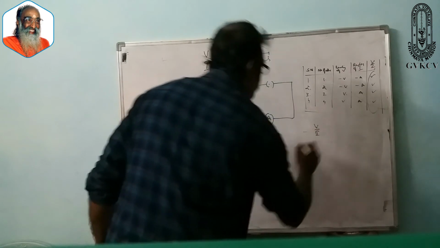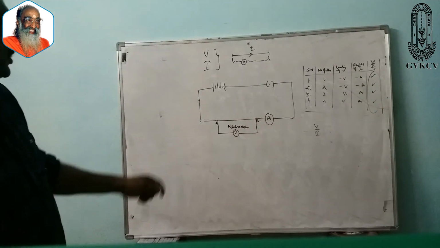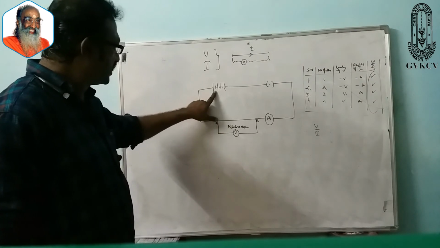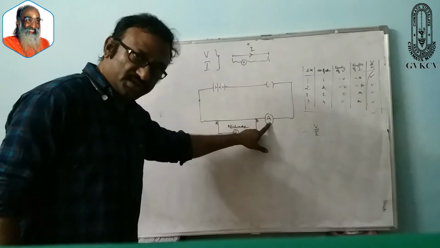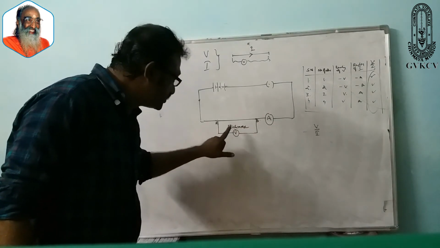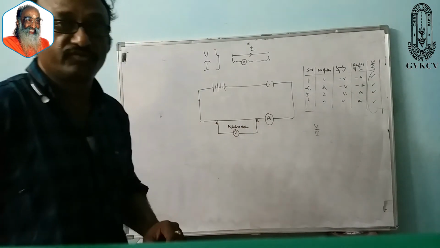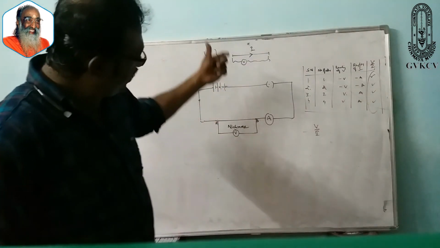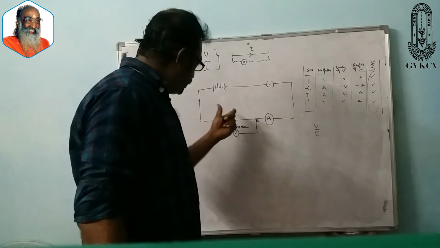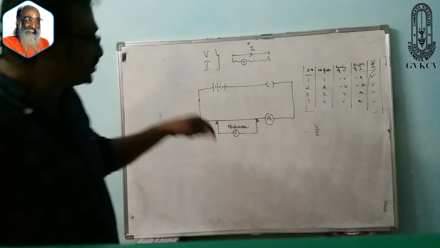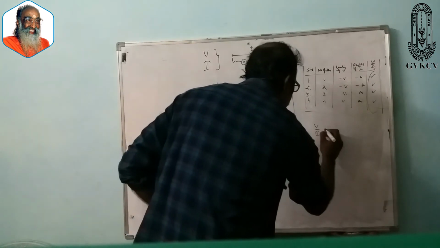We observe these readings and the ratio V by I. By changing the number of cells here, the current changes, and accordingly we will certainly observe a change in the reading of V. So even though there is a change in the reading of the ammeter as well as the voltmeter, the ratio of V and I will be approximately the same.